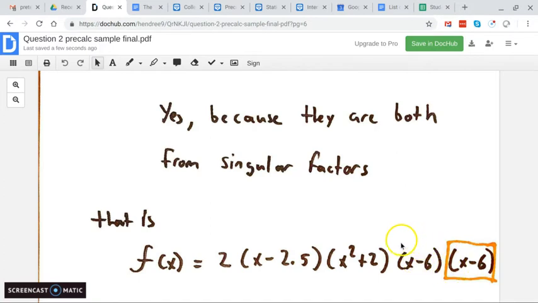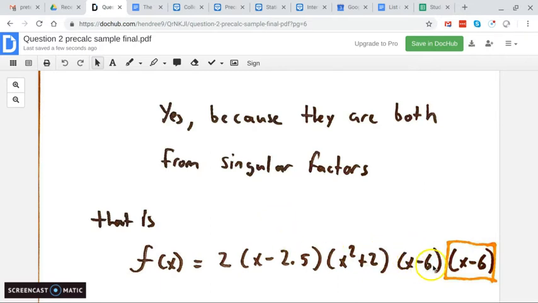And that's because these factors change sign as it gets close to 2.5. It's going to change from one sign to another as it passes through the x-axis. Since there's only one factor here, that negative will produce a sign change in the function.